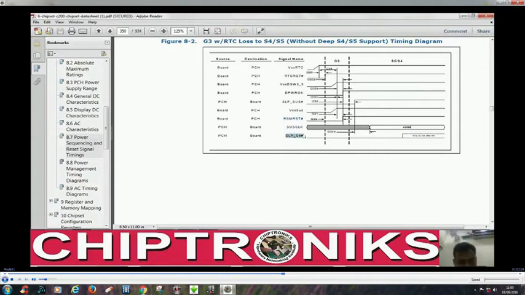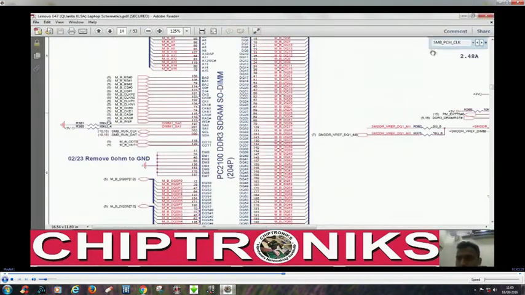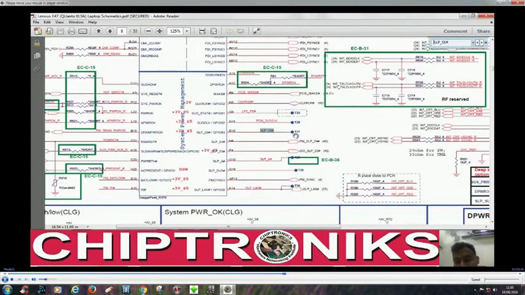Let's check SLP underscore S5 in the reference schematic diagram. You see over here SLP underscore S5 is not connected. I have already mentioned that in this board the S5 work is done by the IO controller, because the IO controller is generating S5 underscore on.